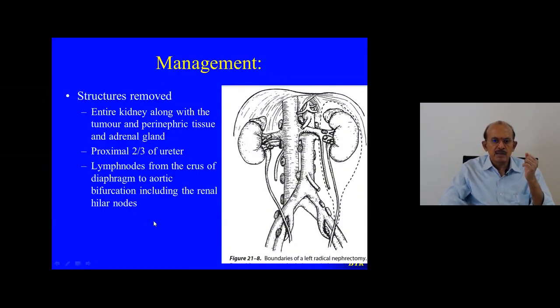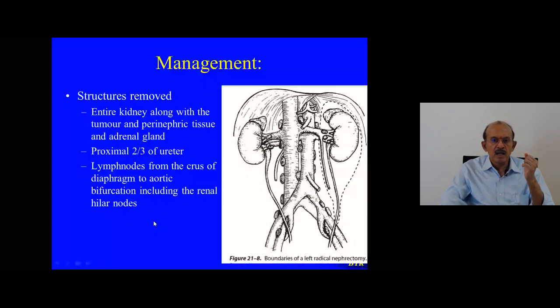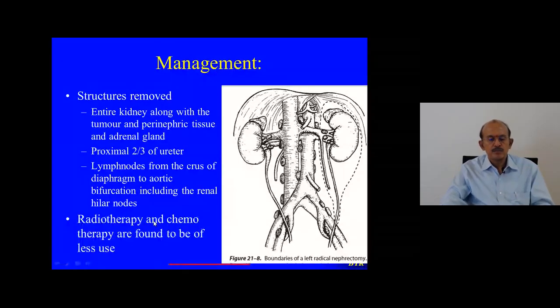Lymph nodes from the crest of the diaphragm to aortic bifurcation, including the renal hilar nodes. Radiotherapy and chemotherapy are found to be of less use. So these are the structures that are removed in the radical nephrectomy.